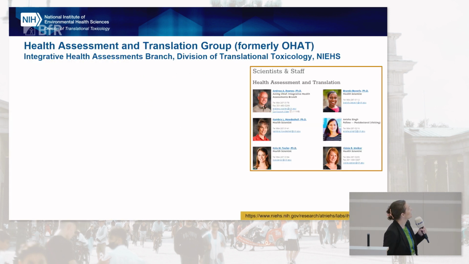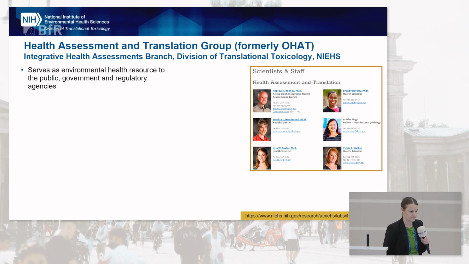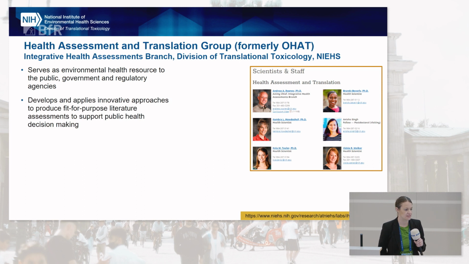So this is the Health Assessment and Translation Group. We are at the Division of Translational Toxicology at NIEHS, which is also formerly known as the National Toxicology Program. We serve as an environmental health resource to the public, to government and regulatory agencies.